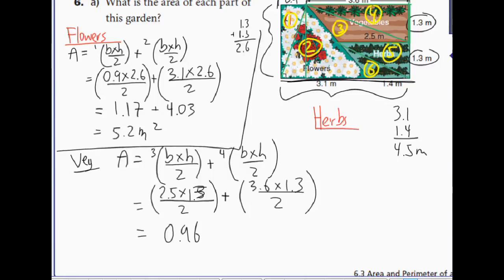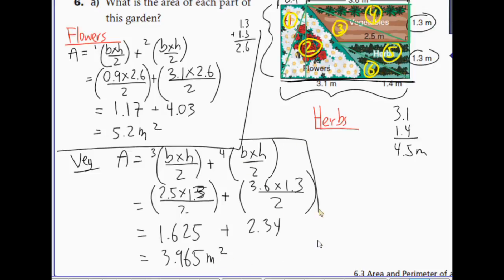No, I didn't get that right. Divided by 2. It's 1.625. Let's do this right. 1.625 plus 3.6 times 1.3 divided by 2, 2.34. We add those two together and we get 3.965 meters squared.